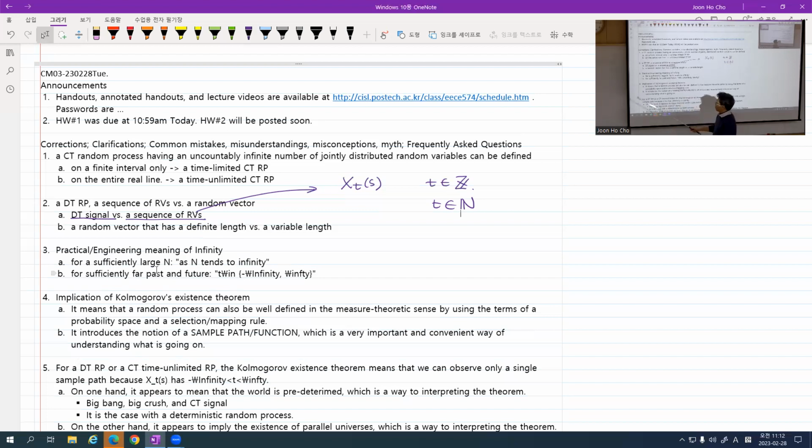That is this one, for sufficiently large n. Okay, this is our engineering interpretation of this mathematical expression. Got it? So in many cases to us, infinity does not mean infinity. Just it's the convenience for some replacement of sufficiently large some number. Got it? So you have to have this in your mind.